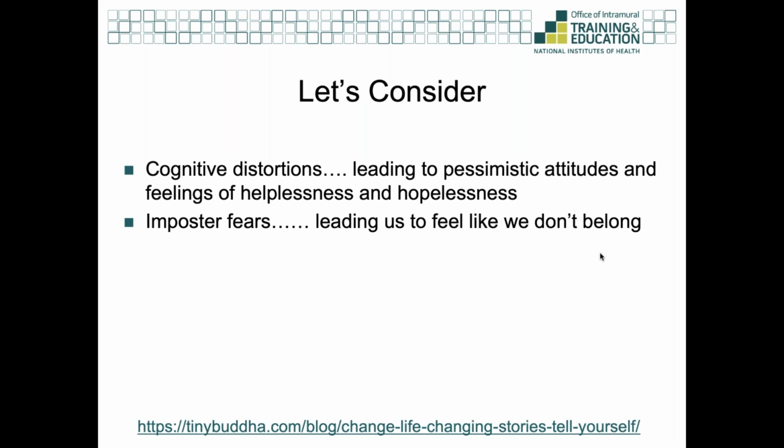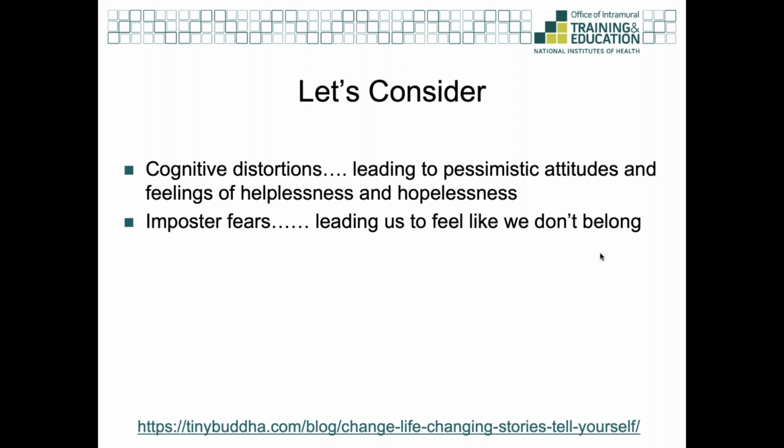Often cognitive distortions lead us to feeling really pessimistic about things. And that pessimism leads us to feel sort of helpless and hopeless, like we have no control, that things will just keep getting worse and staying in a negative space. Imposter fears lead us to feel like we don't belong. And remember that to do well, we really need a sense of belonging.